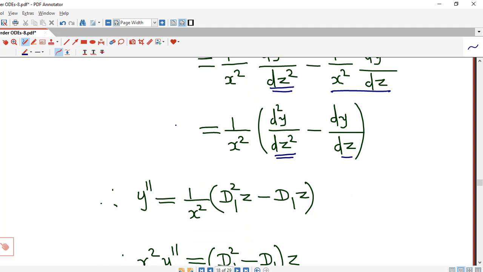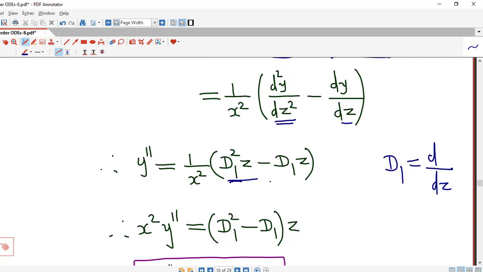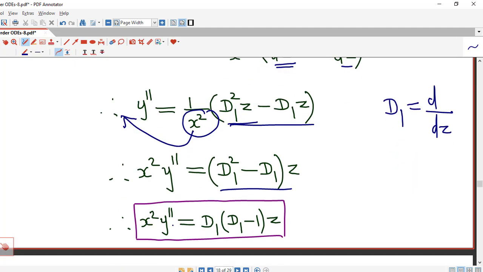Therefore y double dash is 1 by x square, because D1 is d by dz, d square y by dz square can be written as D1 square y minus D1 y. Again we can rewrite this as D1 square minus D1 y, and we take this x square on the left hand side. Therefore x square into y double dash is converted into D1 into D1 minus 1 y, where D1 is d by dz.